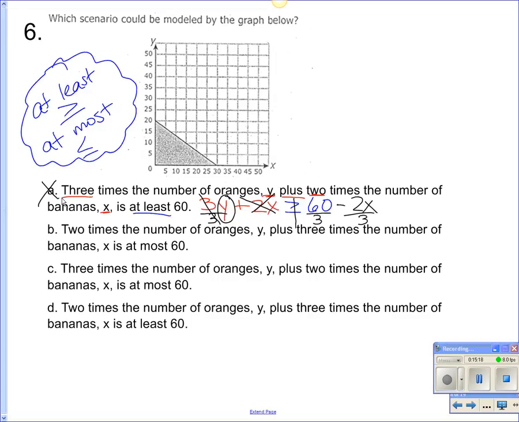All right, Tamara, help me write out B. 2y plus 3x at least 60. So it's less than or equal to 60. Yep, it flips to a less than or equal to 60.